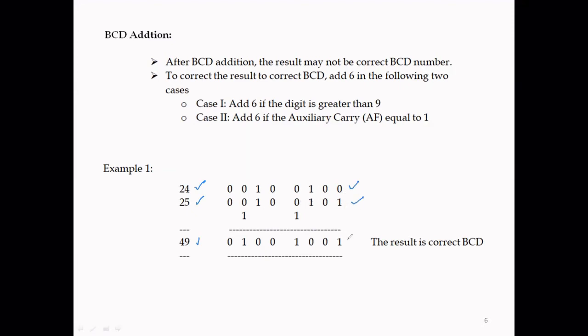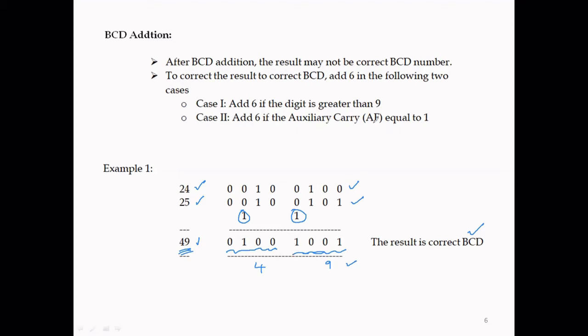Now add it: 0 plus 1 is 1, 0 plus 0 is 0, 1 plus 1 is 0 with a carry, and so on. Now what is the result? This is 4 and this is 9. So here the result is correct BCD only. No correction is required, because the two digits are less than 9, in the decimal range only.